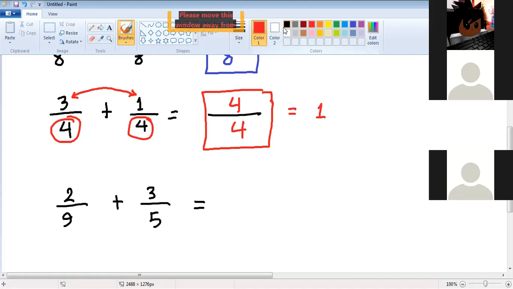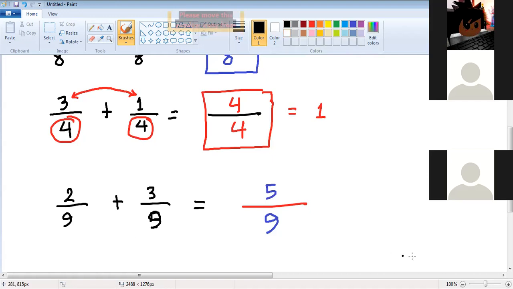I'm sorry. Look, it's 9, not 5. Then the denominators are 9 and 9. We have to write 9 again, only 9. Then 5. Yeah, 5. Is it easy or hard?